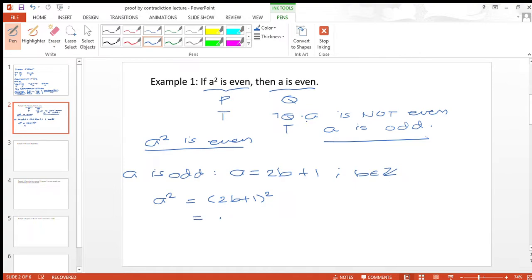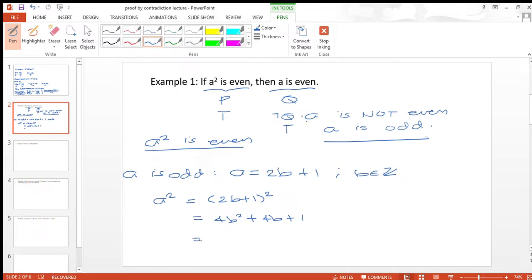Using our algebra, this will now be 4B squared, square of the first term, plus twice the product of the two terms. 2B times 1 is 2B, times 2 will be 4B, plus the square of the second term, 1 squared is 1.